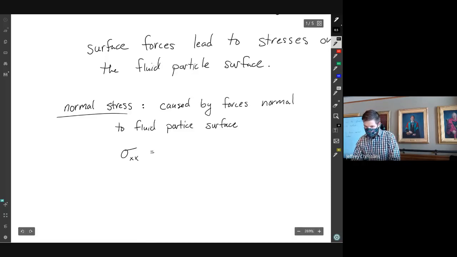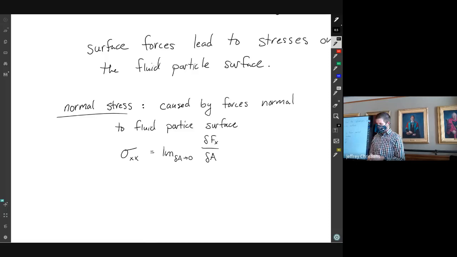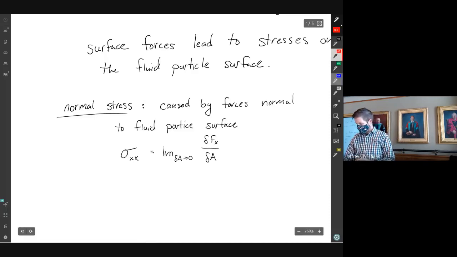So this would be the limit as dA goes to 0 of force over the area.